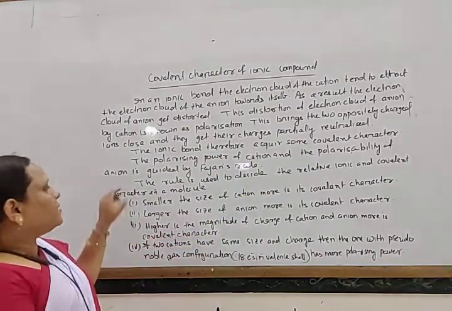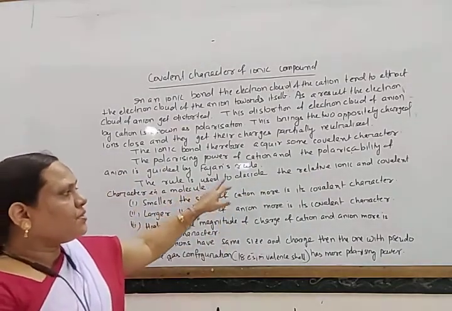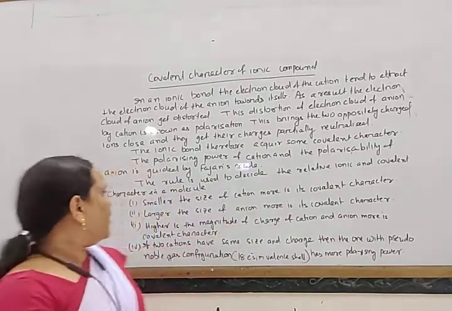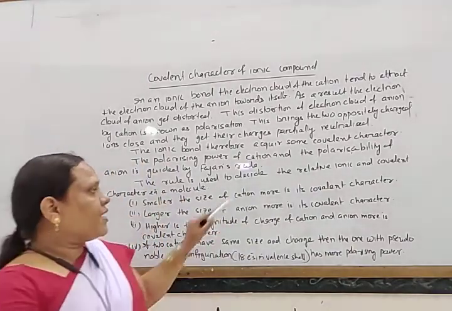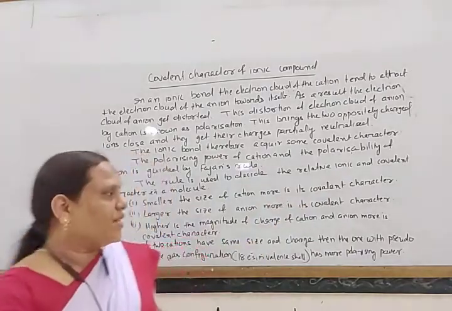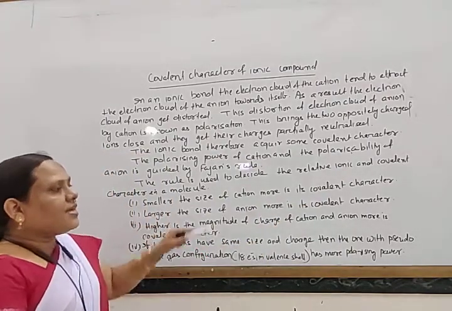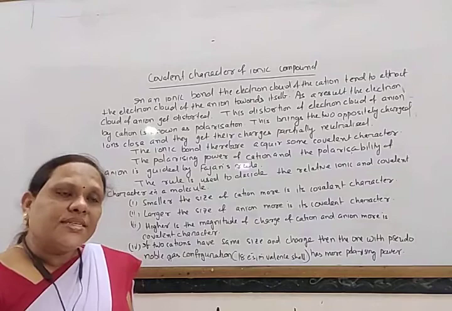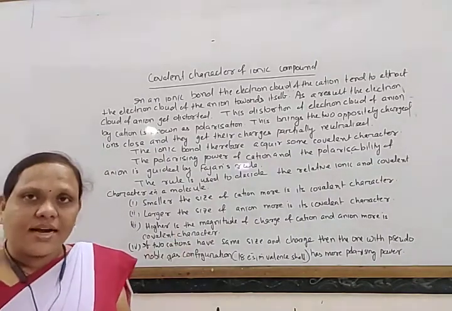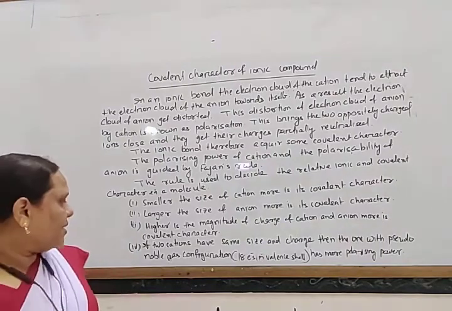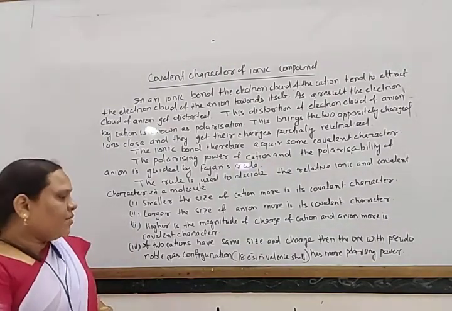So what is this Fajan's rule? The rule is used to decide the relative ionic and covalent character in a molecule. The smaller the size of the cation, the more its covalent character. The larger the size of the anion, the more its covalent character. Similarly, the higher the magnitude of the charge on a cation or anion, the more its covalent character.